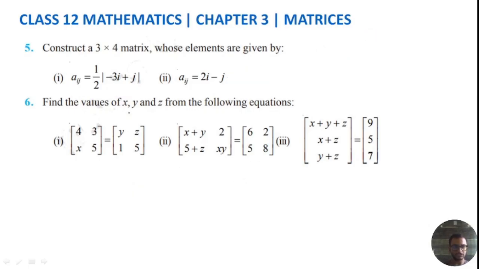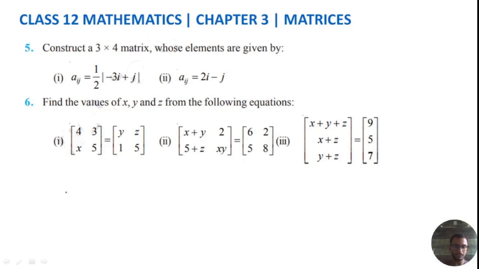What is question 6 saying? Find the value of x, y and z from the following equation. Now in the introduction video I had told you how to equate two matrices. You can equate them by comparing consecutive elements.